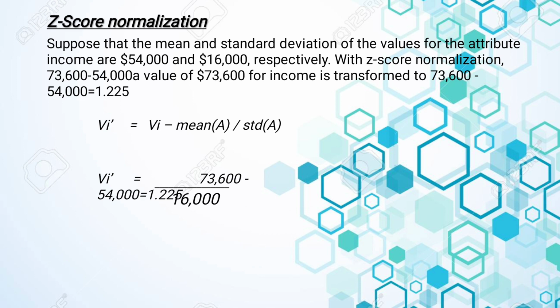Here we get the value as 1.225. By this way we have calculated the Z-score normalization.